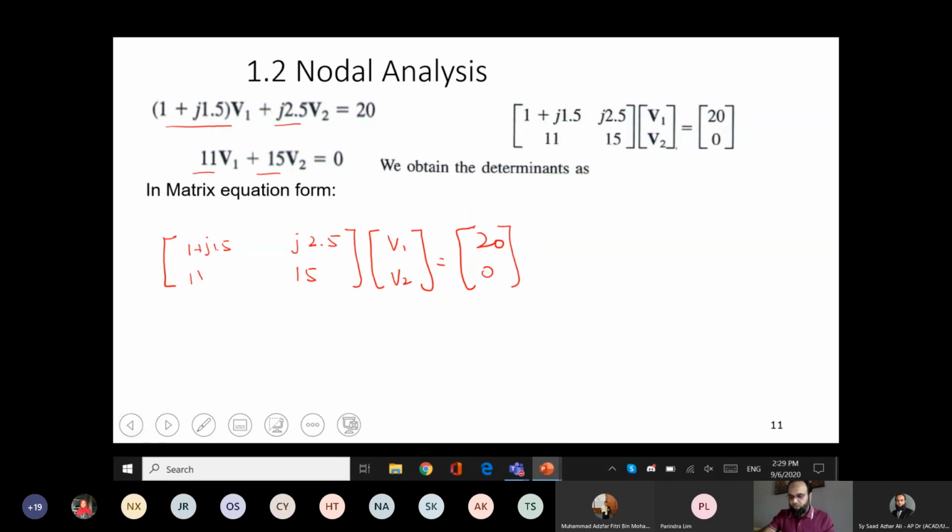And if we want to solve it using, let's say, Cramer's rule, if you remember, we want to find the determinant and then delta 1 and delta 2. The determinant is simply 1 plus j1.5, j2.5, 11, and 15.